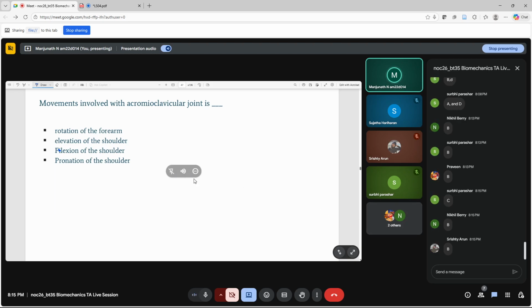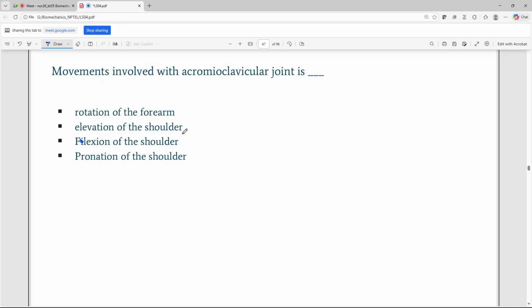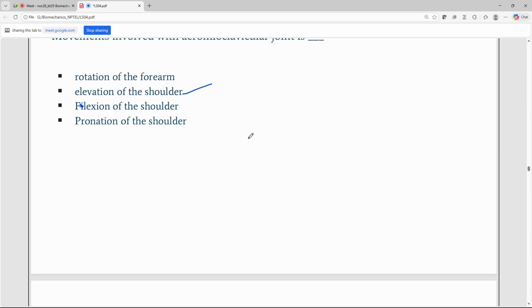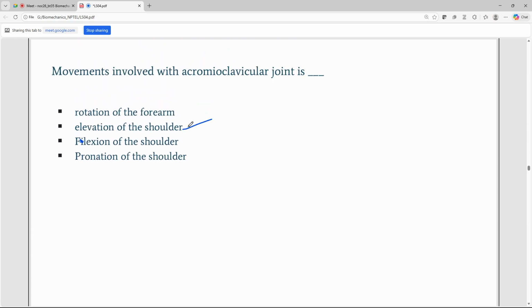So it's not the flexion of the shoulder, it's the elevation of the shoulder. Option B is the answer. The movement involved with the acromioclavicular joint from the given set of options is option B, elevation of the shoulder.